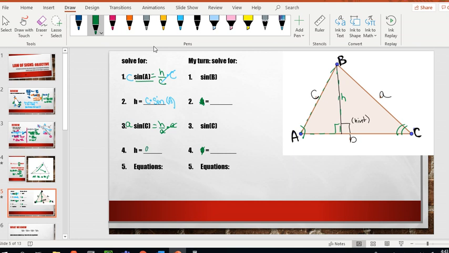And so H is equal to A sine of C. Now, what we notice here is that I have an H here and I have an H here. They match. So what I have is C sine of A equals A sine of C.